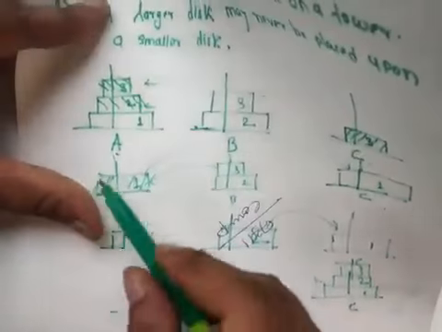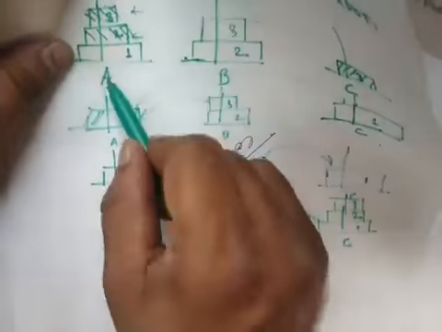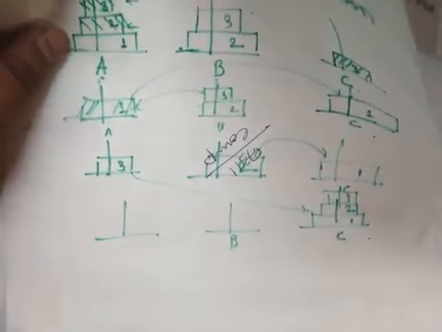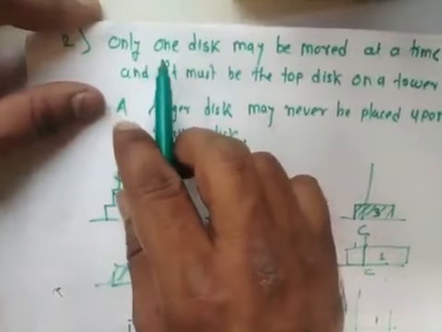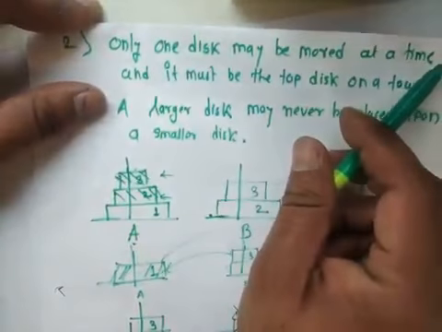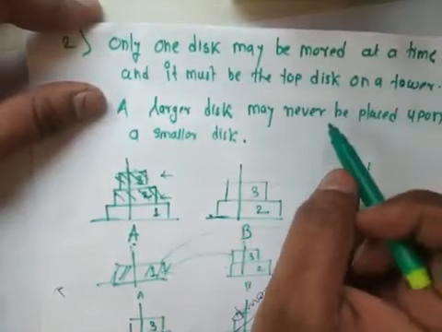So in this way, what did we do? We removed all the disks from A to C, and we followed all the rules. The first rule is what? We can only move one disk at a time, and it must be the top disk on a tower.